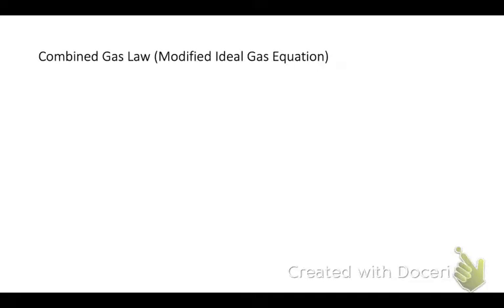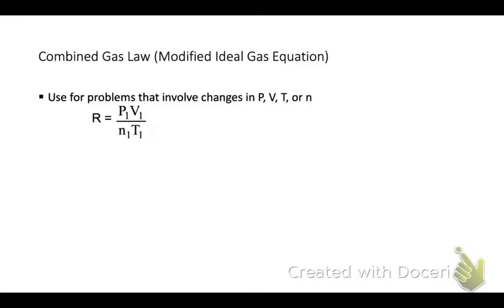The combined gas law is a modification of the ideal gas law, right? We use it for problems that involve changes in not only one parameter, but multiple parameters. R is a constant, and R equals P1 V1 over N1 T1. If I change the pressure and the temperature, what will happen to the volume under constant moles?